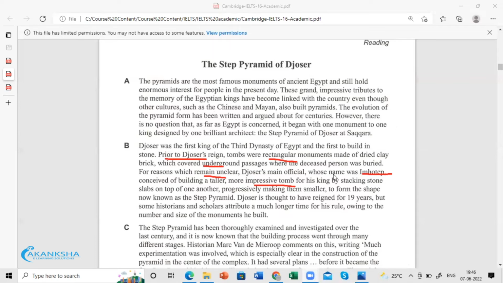Like that. So stacking stone slabs, one on top of another, making them smaller. The word smaller helps us to understand, to form the shape now known as step pyramid, means he changed it.